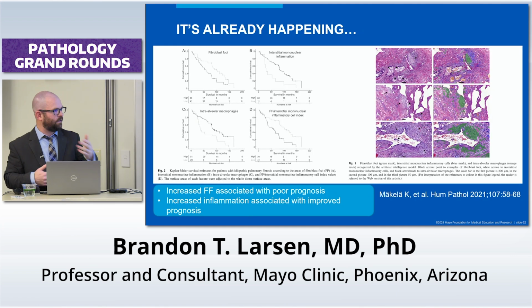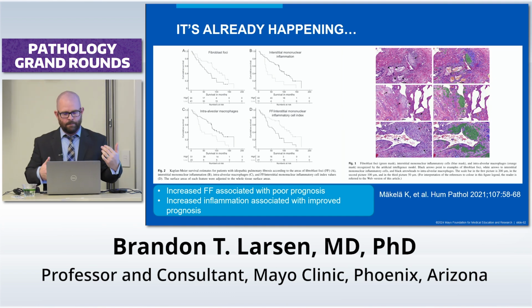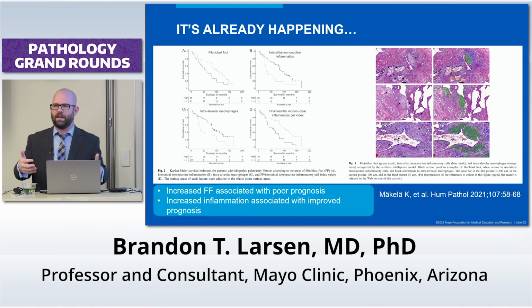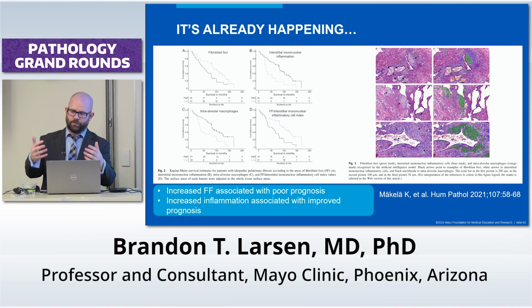This is just one study from a few years ago from a group in Finland looking at AI tools that quantify fibroblast foci in fibrotic lung disease, and what the significance of that number of fibroblast foci per unit area is in terms of patients' prognosis and inflammatory scores, how much inflammation is there and how it impacts prognosis.